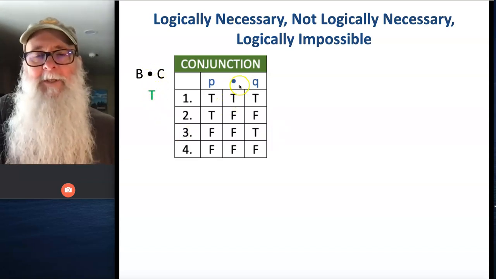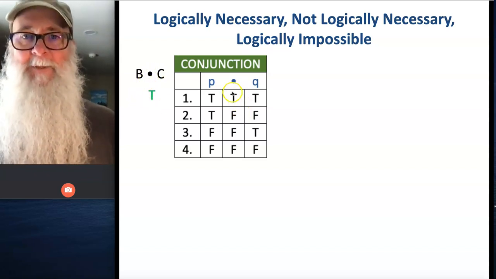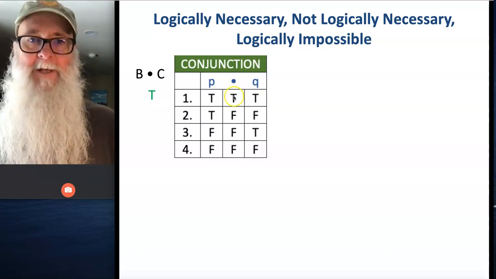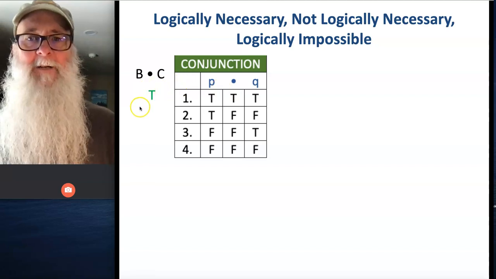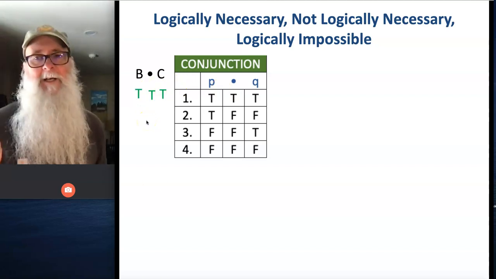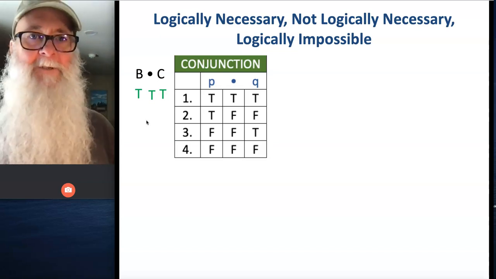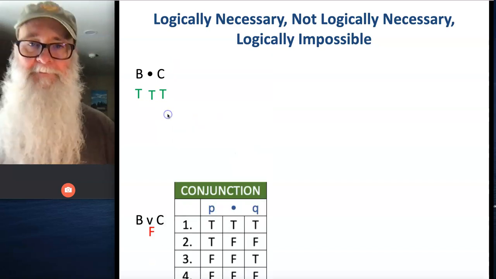You're saying, well, yeah, B and C have to be true if the dot is true, because when I look at this truth table, I see that it's only on line 1 that the truth value of the dot is true, and that's when the left and the right-hand side are both true. So if you tell me that that dot is true, I know it's logically impossible for either B or C to be false, and it's logically necessary for B and C to be true.